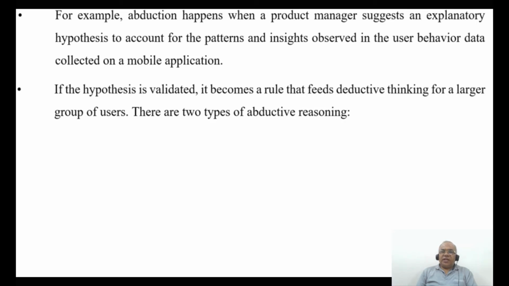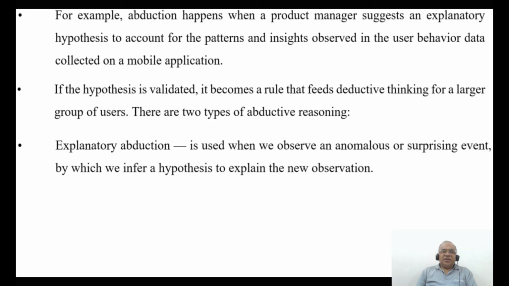Therefore, there are two types of abductive reasoning. One is explanatory abduction, which is used when we observe an anomalous or surprising event. That means the normal event does not take place, but there is some surprising event, for which we infer a hypothesis to explain the new observation.